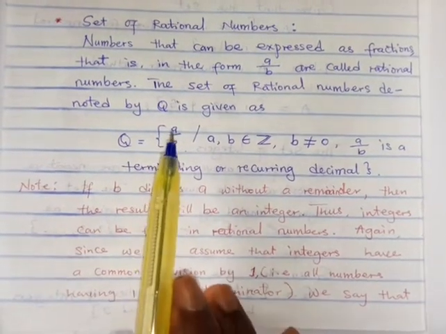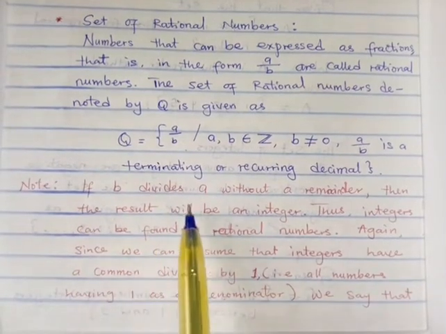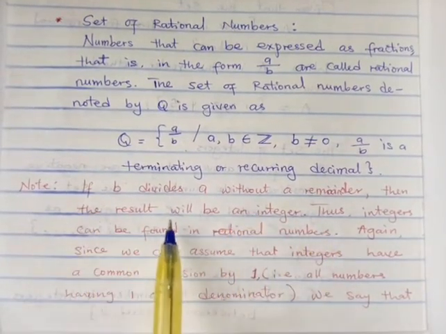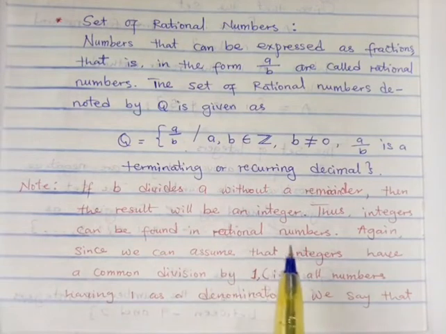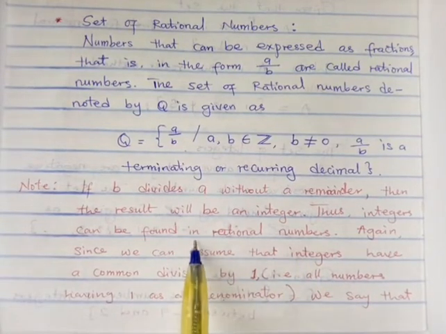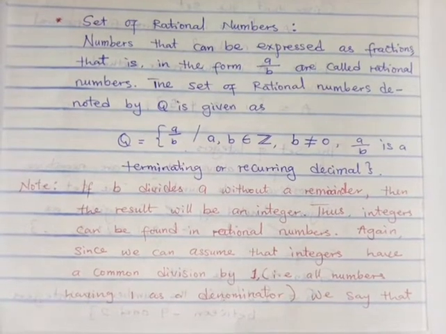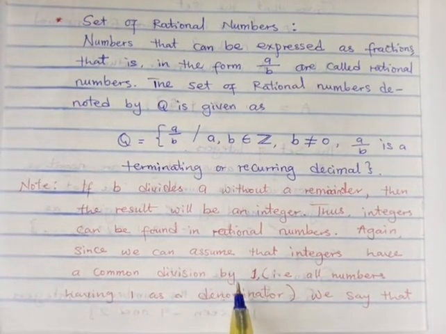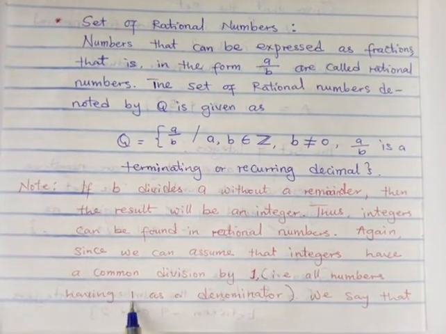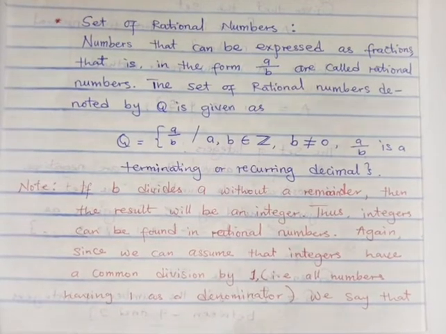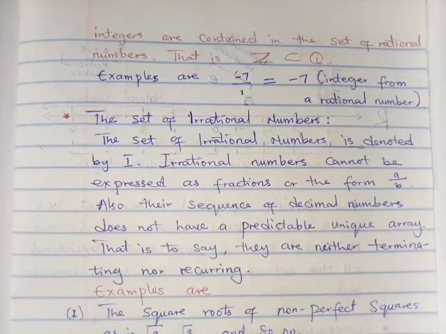Note, if b divides a without a remainder, then the result will be an integer, of course. Thus, integers can be found in rational numbers. Again, since we can assume that integers have a common denominator of 1, that is, all numbers having 1 as a denominator, we say that they are contained in the set of rational numbers.